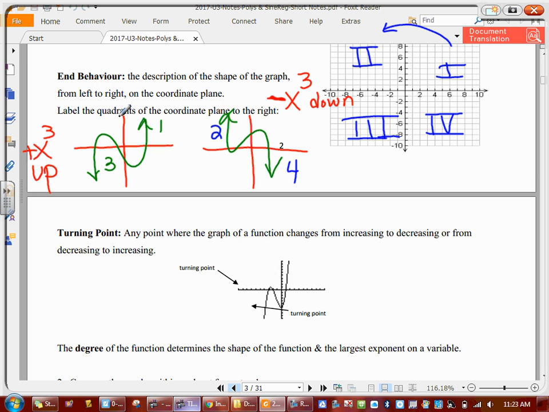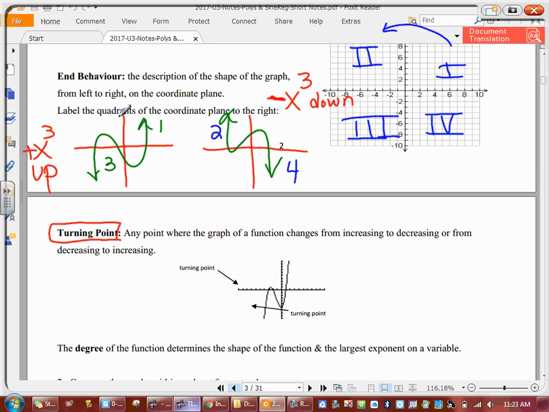Now, there's a few features about these cubics that we need to remember. One feature about a cubic is talking about the turning points on the top of the next page. Okay, so I'll let you get there. The turning points. This is when you will see hills and valleys. Okay, so your turning points are hills and valleys.